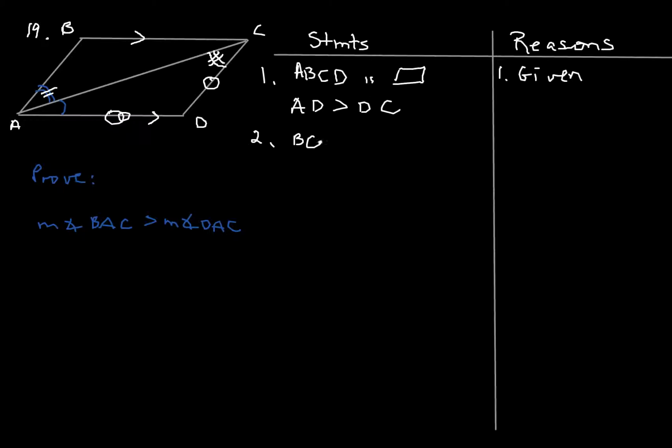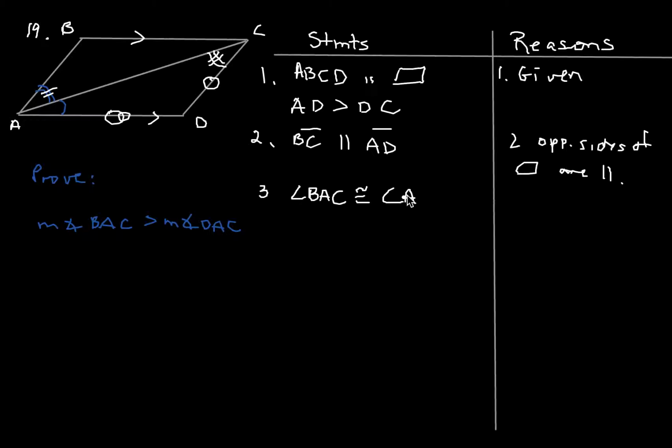I guess we should say that BC is parallel to AD, and that would be because opposite sides of a parallelogram are congruent and parallel. Then we can say angle BAC is congruent to angle ACD, and that would be alternate interior angles. This is a pretty short proof.